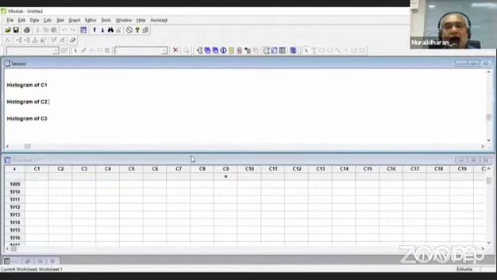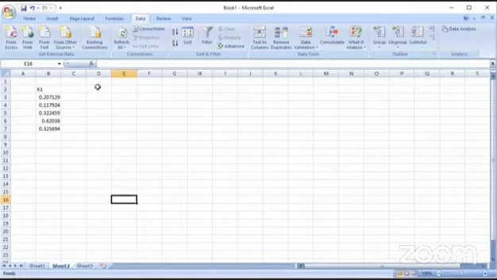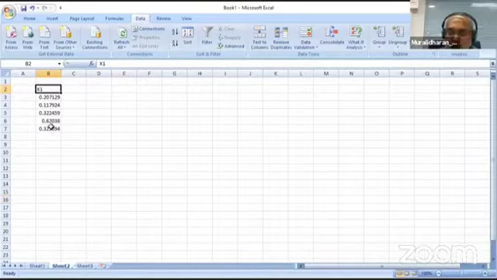Let me go to Excel. I hope you can see this. My colleagues, can you see this Excel file open? Yes, sir. Okay. Let me remove all this.